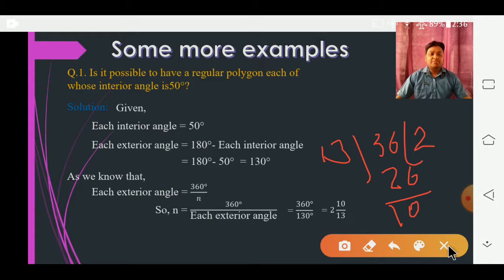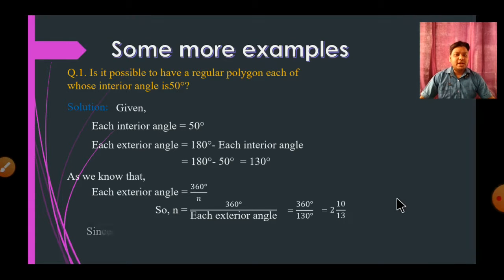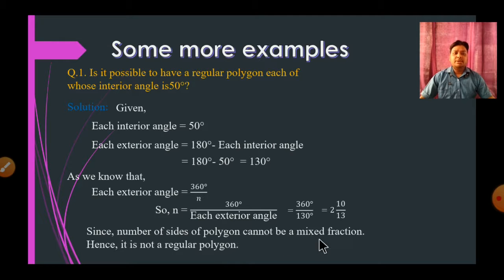Because n is the number of sides, is it possible for the number of sides to be a fraction? No. The number of sides of a polygon cannot be a mixed fraction, so we can say it is not a regular polygon. So our answer is no, it is not possible to have a regular polygon with interior angle 50 degrees. Okay, students, now let's see another example.